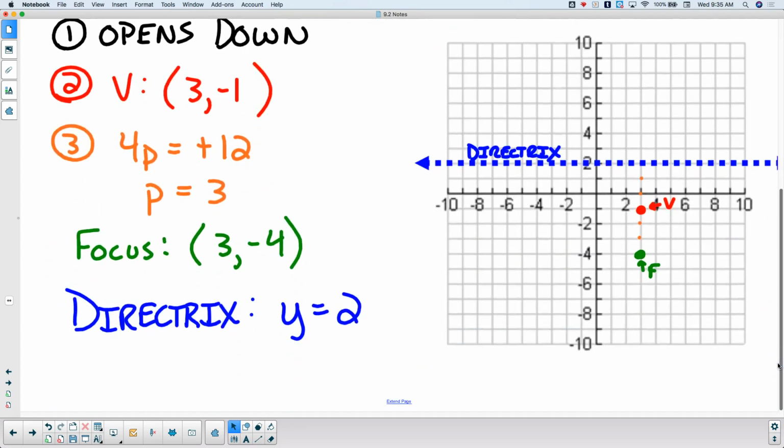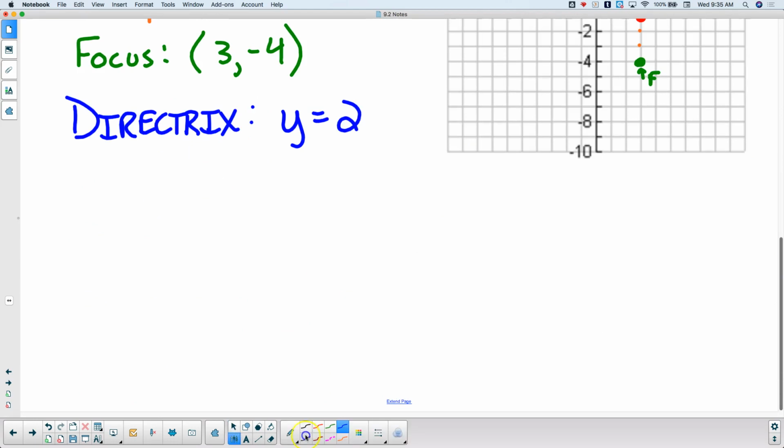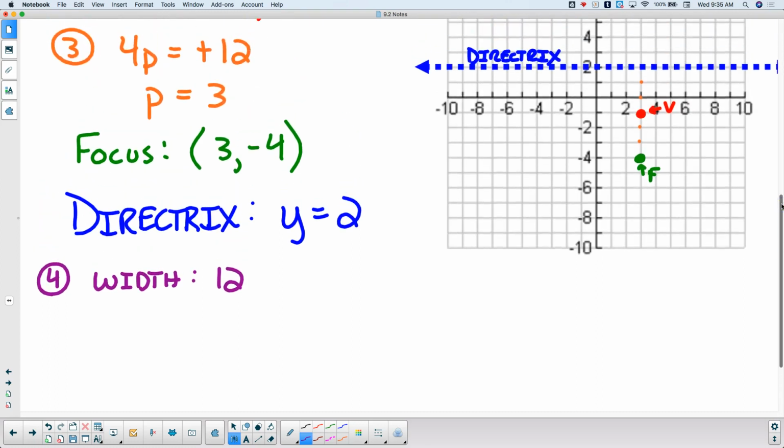Okay? So my width is 12, which means from the focus now, I am going to go half of that. The width is 12. The entire width is 12. So half of 12 is 6.